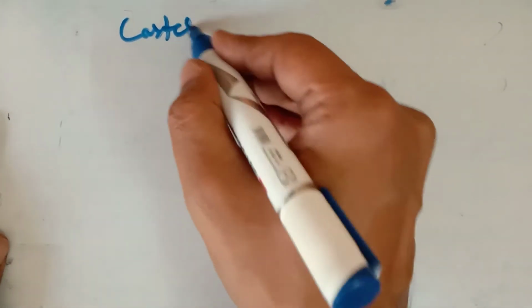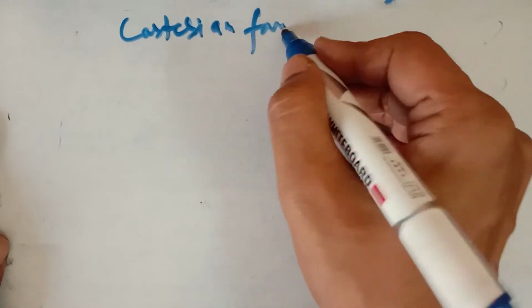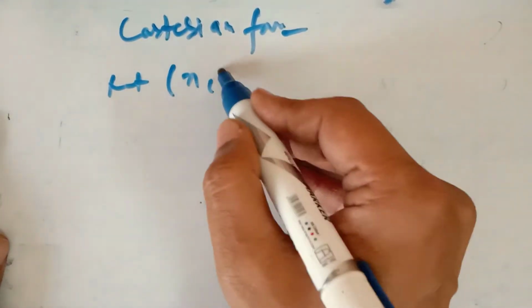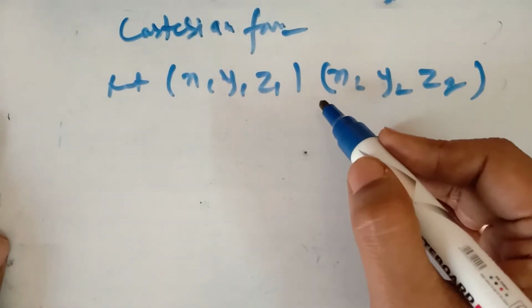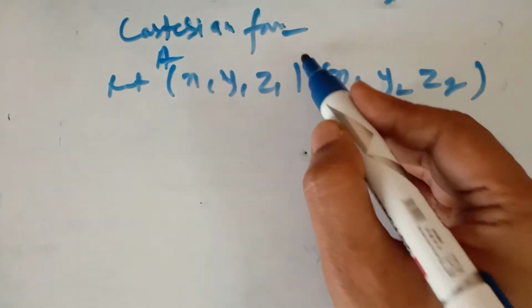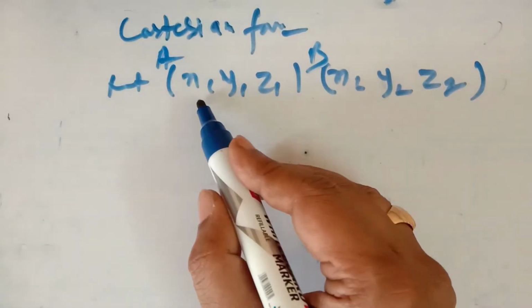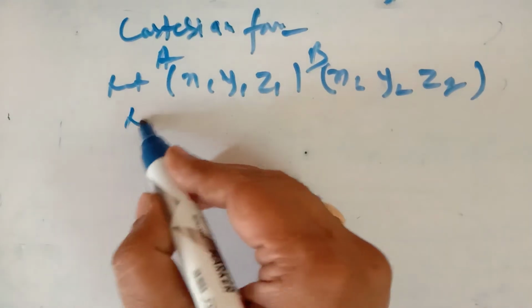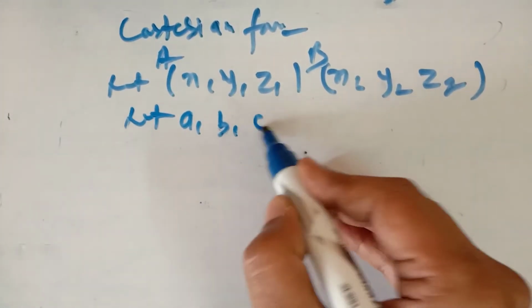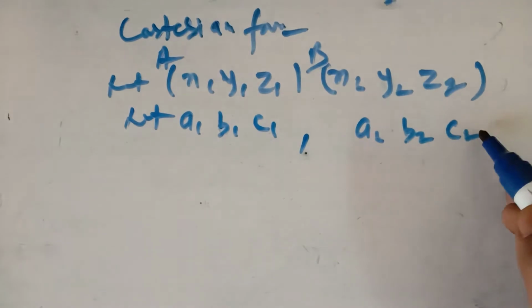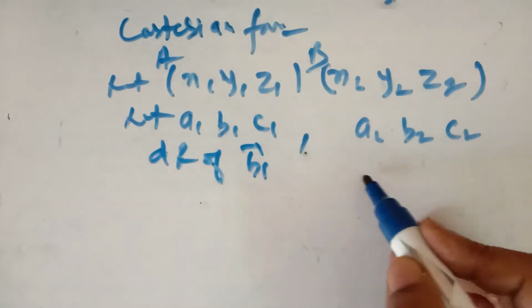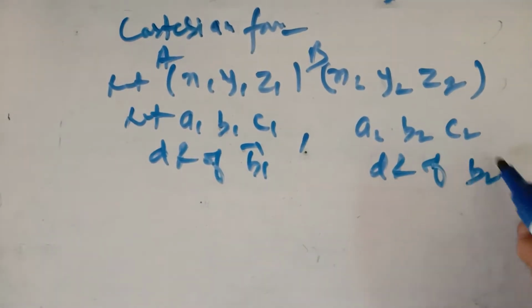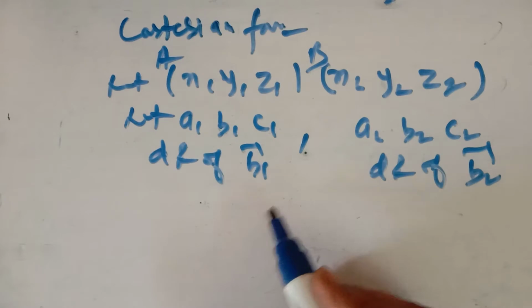Now, in Cartesian form, for the coplanarity of two lines, let (x1, y1, z1) and (x2, y2, z2) be the coordinates of the points A and B, where line 1 passes through A and line 2 passes through B. Let a1, b1, c1 and a2, b2, c2 be the direction ratios of the vectors b1 and b2, to which the first and second lines are parallel.